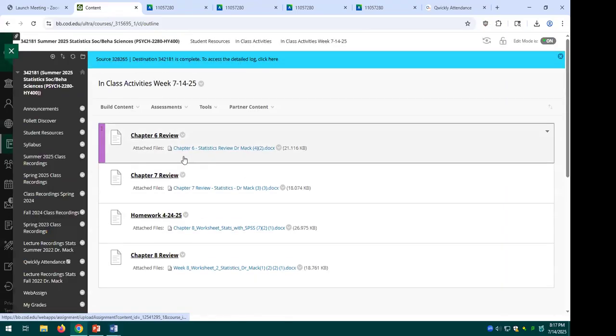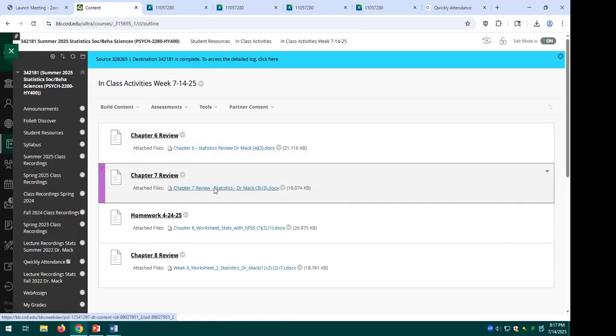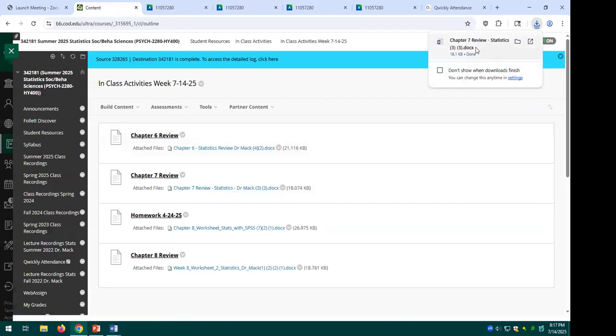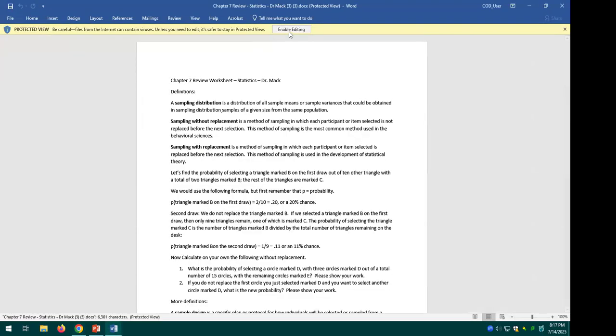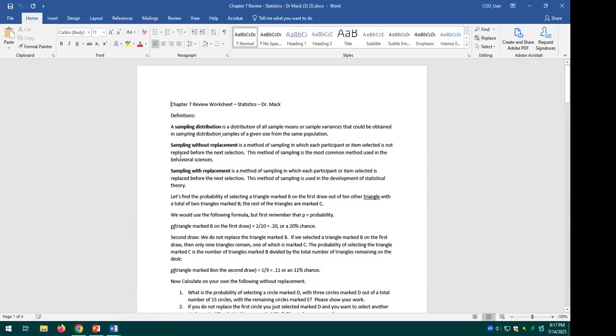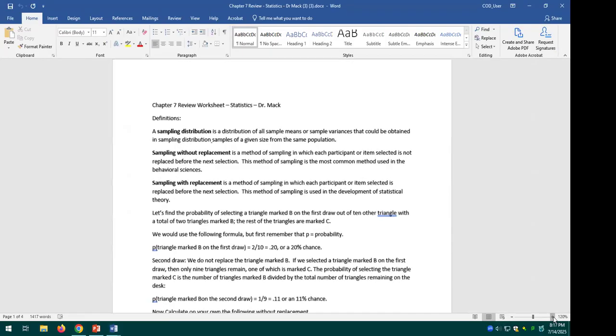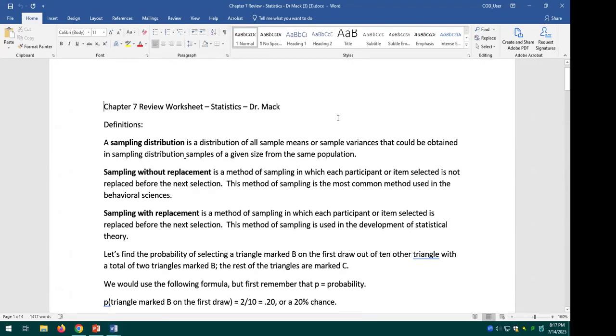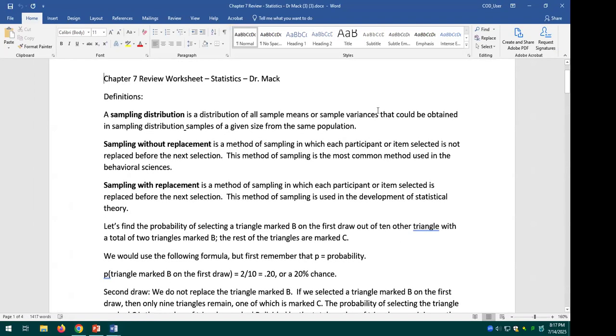So we're going to take this and go into chapter 7 review. Okay, we'll zoom in. Some definitions. A sampling distribution is a distribution of all sample means or sample variances that can be obtained in samples of a given size from the same population.